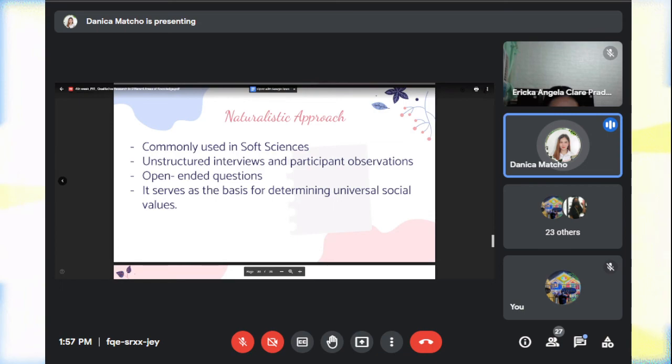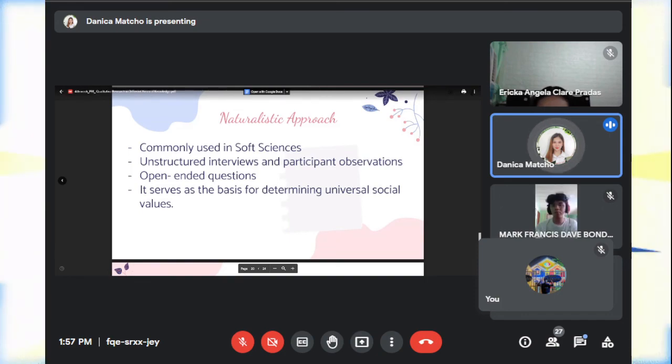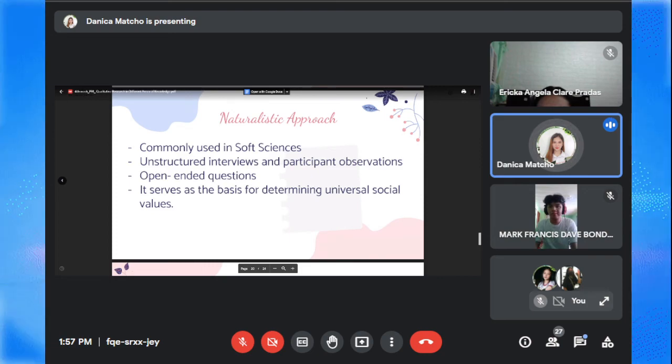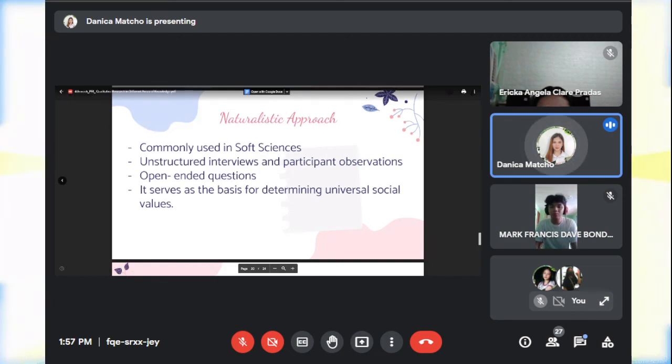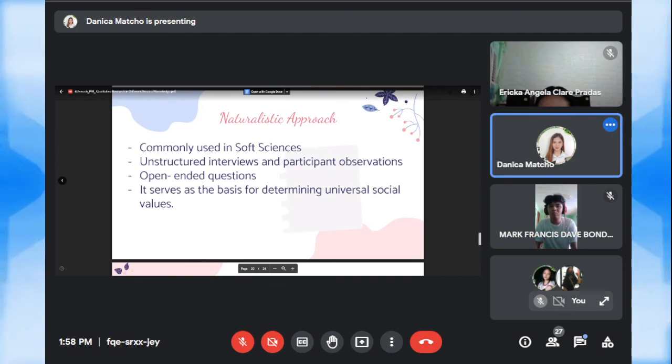But here in unstructured interview, there is a tendency na mag-eliminate kayo ng question at mag-add ng question. And that's totally fine under unstructured interview. Okay? For example, satisfied na kayo sa answer niya, so you don't need to ask follow-up questions. But if not, you can also add follow-up questions. At sa unstructured interview, you are using open-ended questions. Are we clear? Okay.